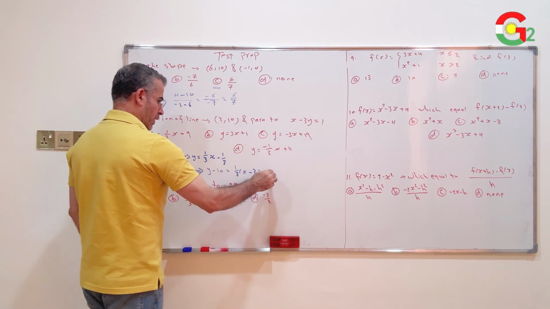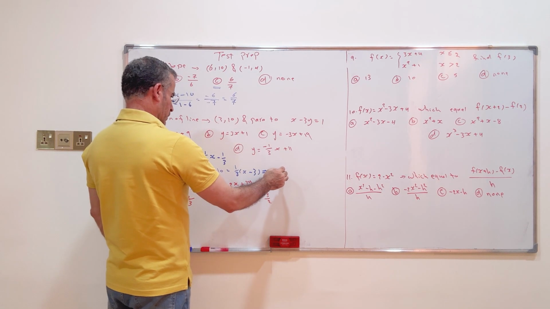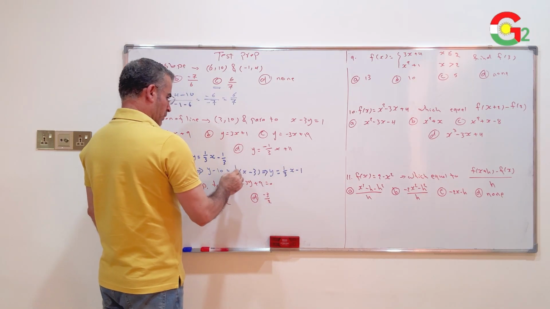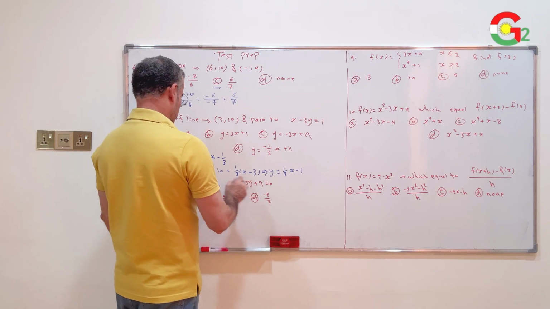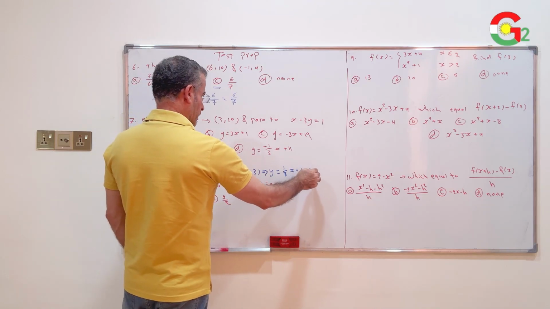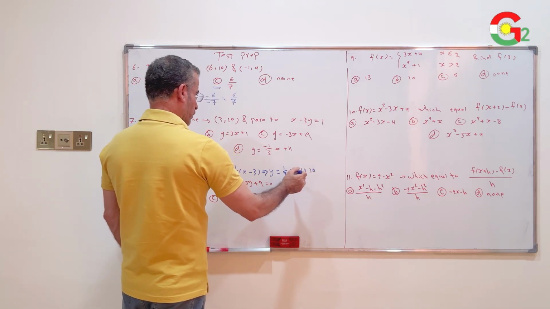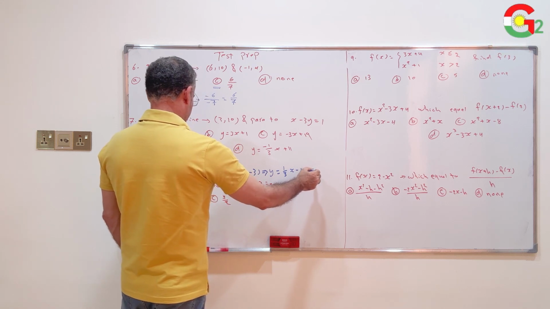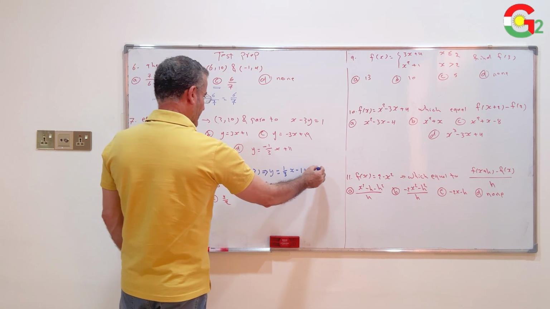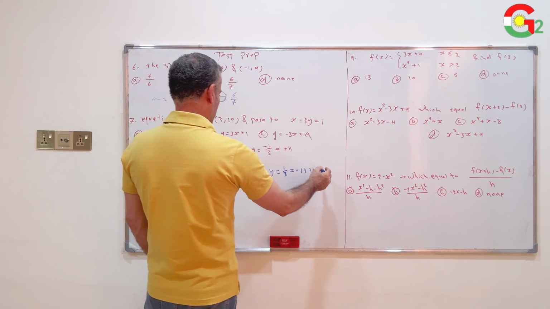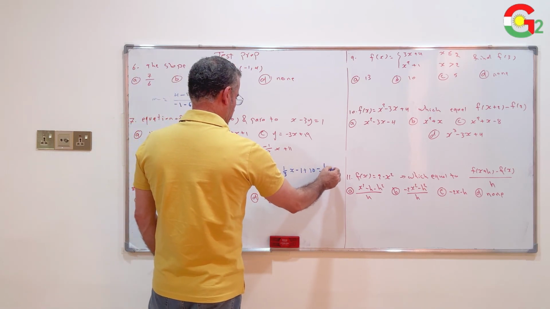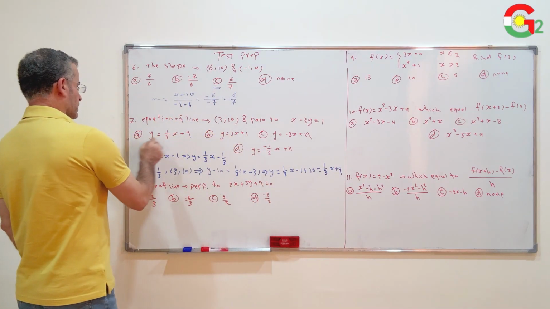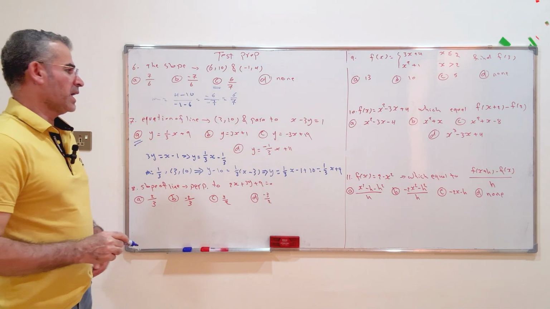Then y equals 1 over 3 x minus 1 over 3 times 3, minus 1, plus 10, which equals 1 over 3 x plus 9. 1 over 3 x plus 9, choice A.